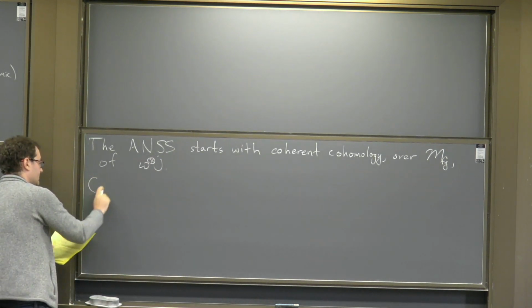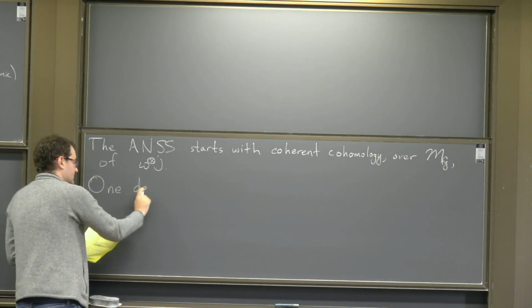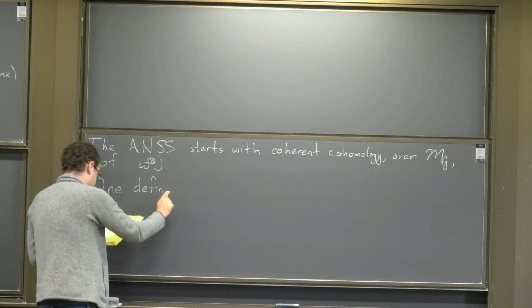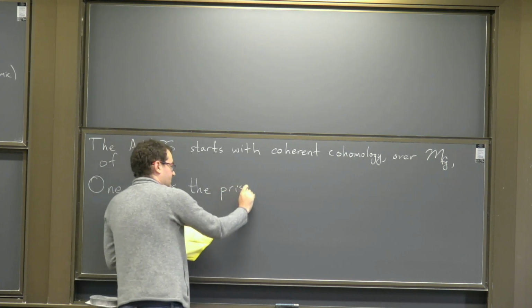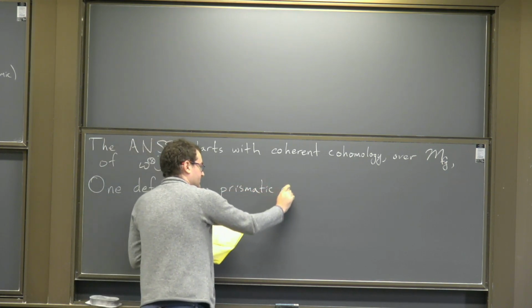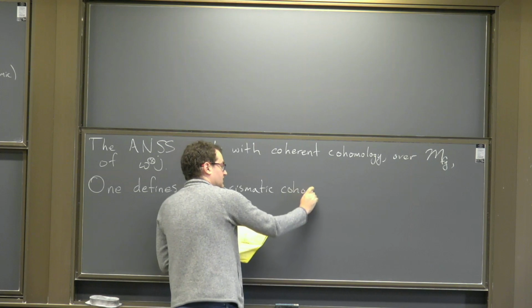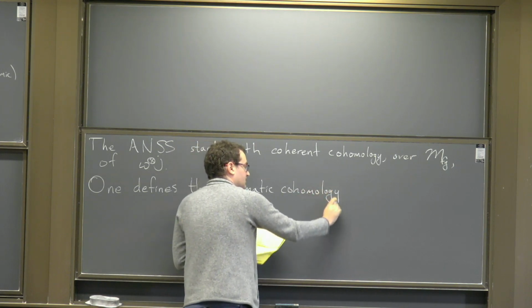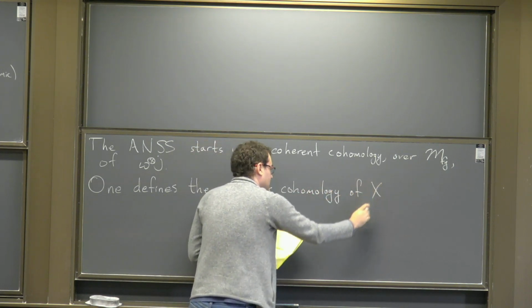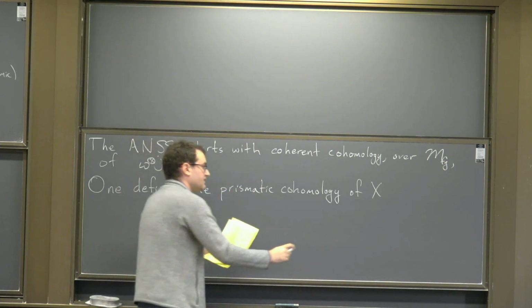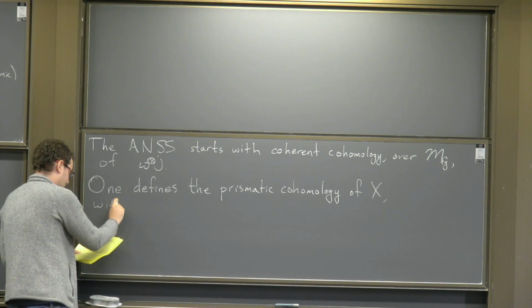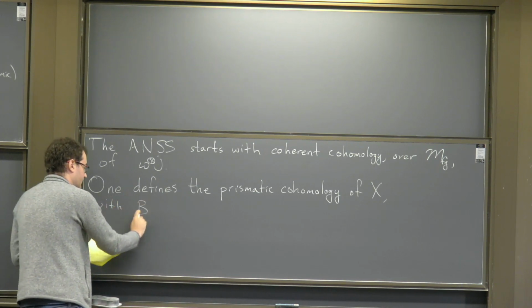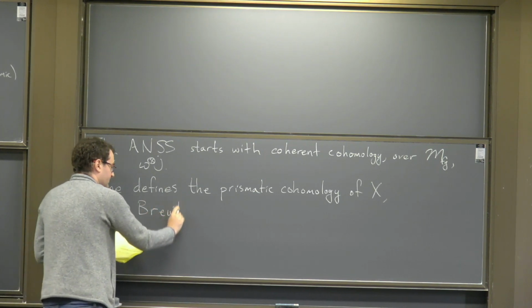So similarly, one can define, and this is perhaps my preferred definition, the prismatic cohomology of X. And this will be bigraded if I say that we're also going to account for the so-called Breuil-Kisin twists.